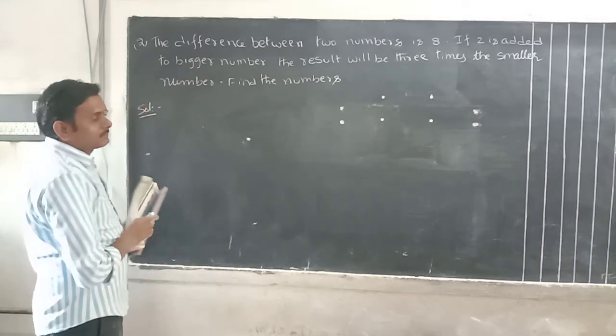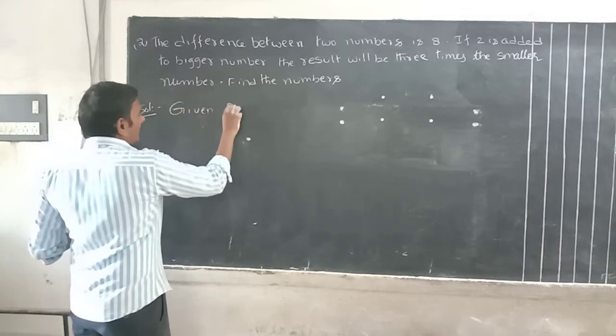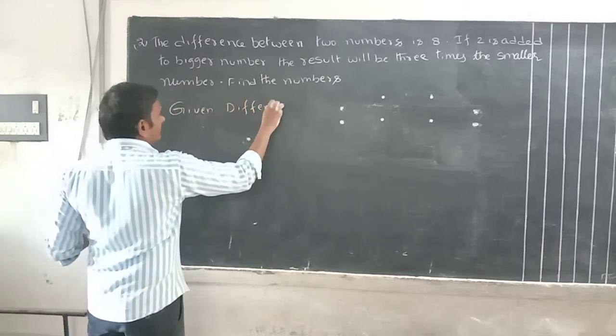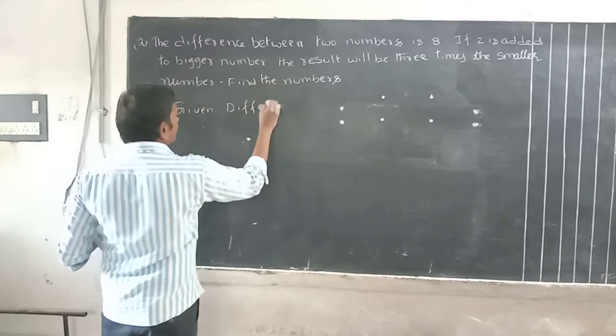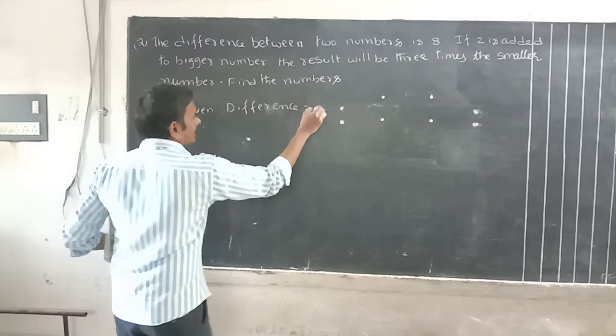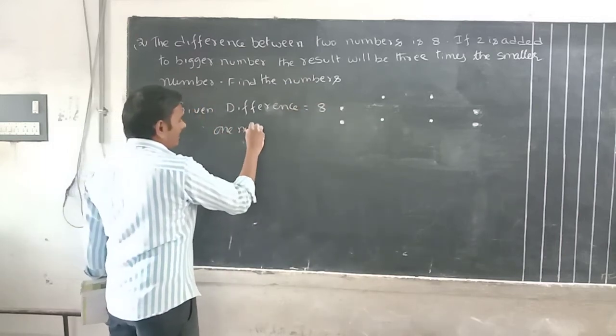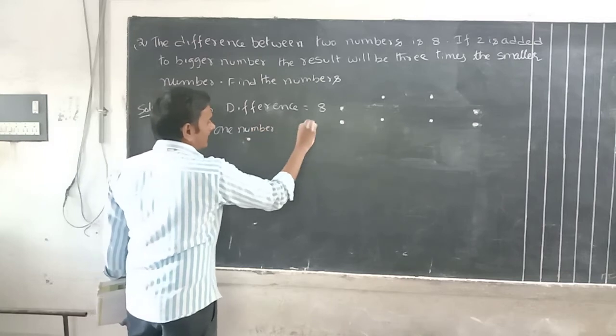Two numbers, the difference is given. Difference equal to how much? 8. I take two numbers, one number and the other number.